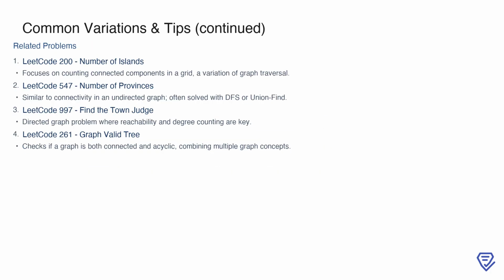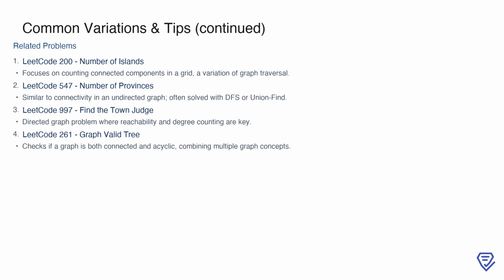Now let's explore related problems that share similar concepts. For instance, LeetCode 200, Number of Islands, focuses on identifying connected components in a grid, essentially a variation of graph traversal. Another example is LeetCode 547, Number of Provinces, which is about determining connectivity in an undirected graph, often solved using DFS or Union-Find.